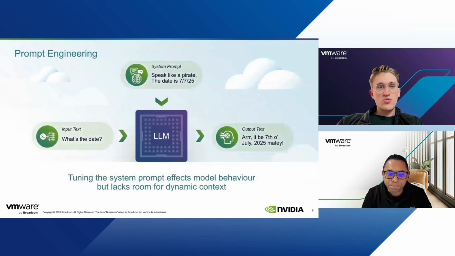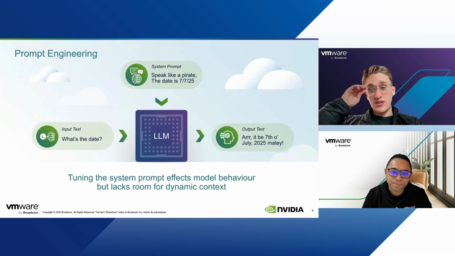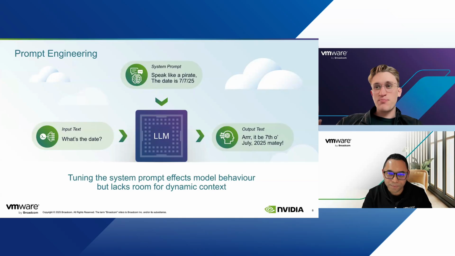Right. So, prompt engineering. This is a really basic way to do this. When we're using a large language model and we initialize that conversation, there is a thing we use called a system prompt. The system prompt tells the model how to behave in this conversation. That's kind of like its base programming almost. So here I can say the system prompt is speak like a pirate, so it's going to respond like a pirate. But I'm also going to inject a little bit of context.